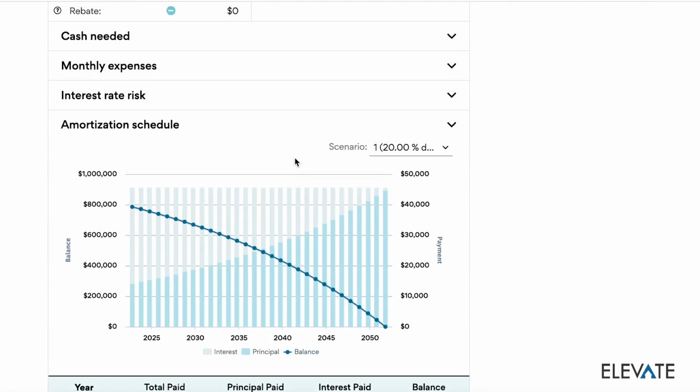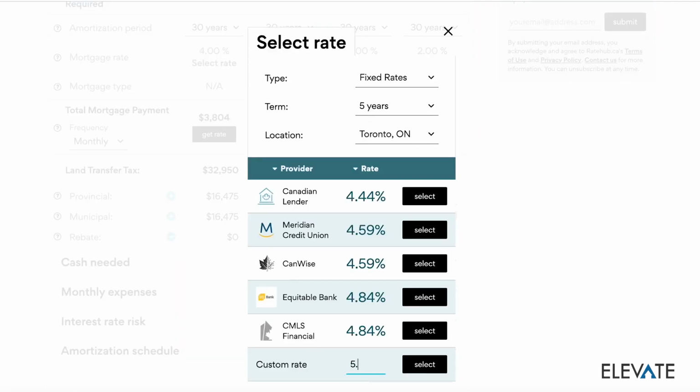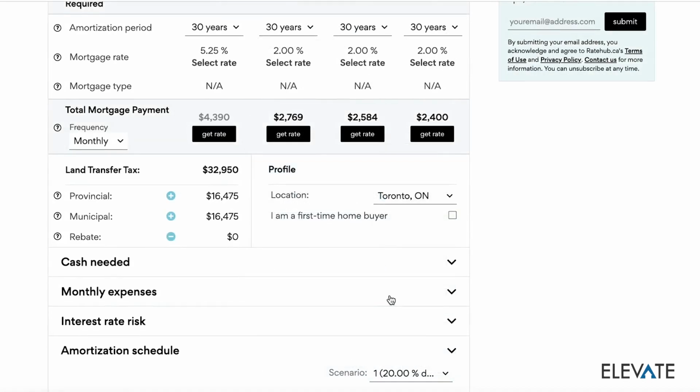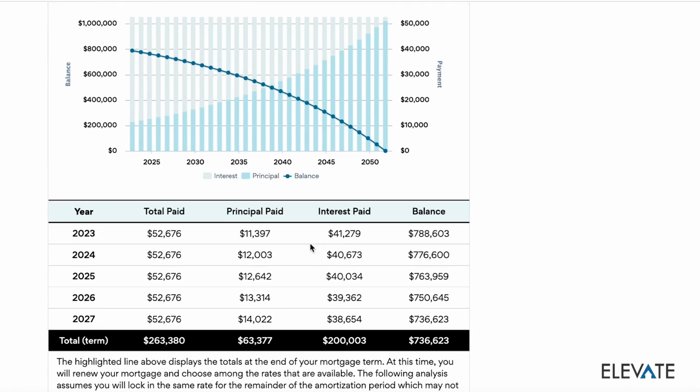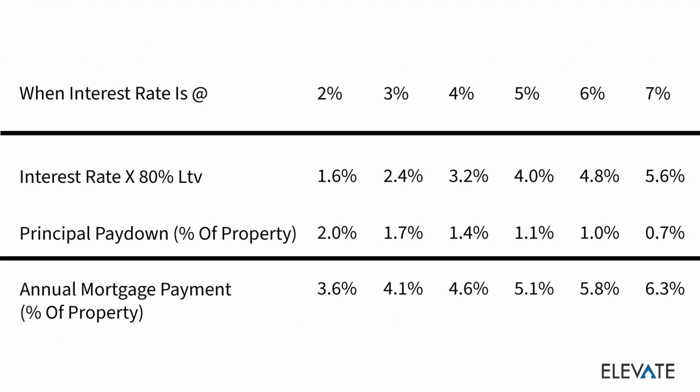And if interest rates get to 5.25%, which is the average 5-year fixed rate right now, the principal paydown drops down to 1.1%. Basically, because the principal paydown portion goes down when interest rates go up, this is the big reason why the gap between cap rates and bond yields can compress when rates are higher.